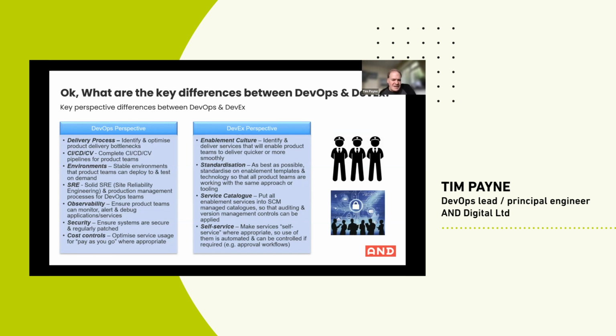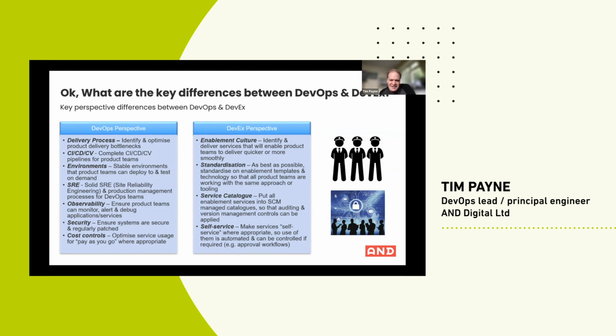For environments, you're focusing on trying to make your environments as production-like as possible. So when you develop your software, when you test your software, the environments you're putting into place are as production-like as possible, with the same sort of third-party dependencies and the same configuration that the production environment will use, not so much in the DevEx perspective.